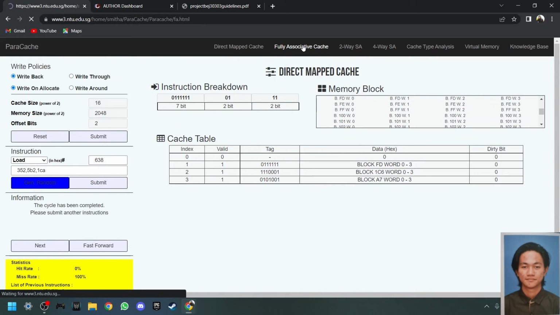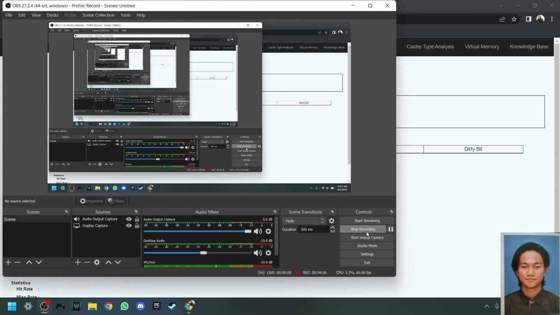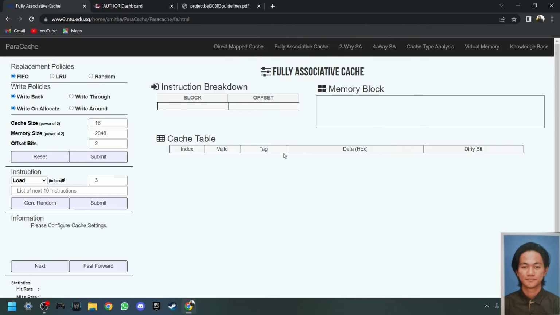And then for the fully associative cache, it's basically the same as direct mapping. The difference being this mapping is more flexible.